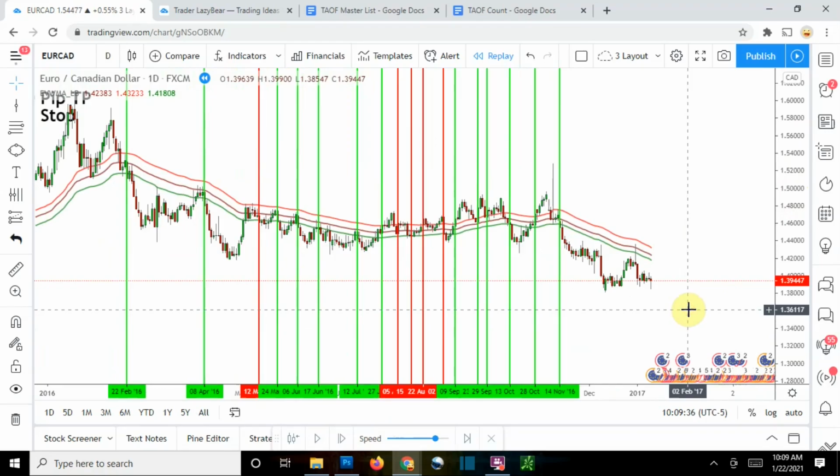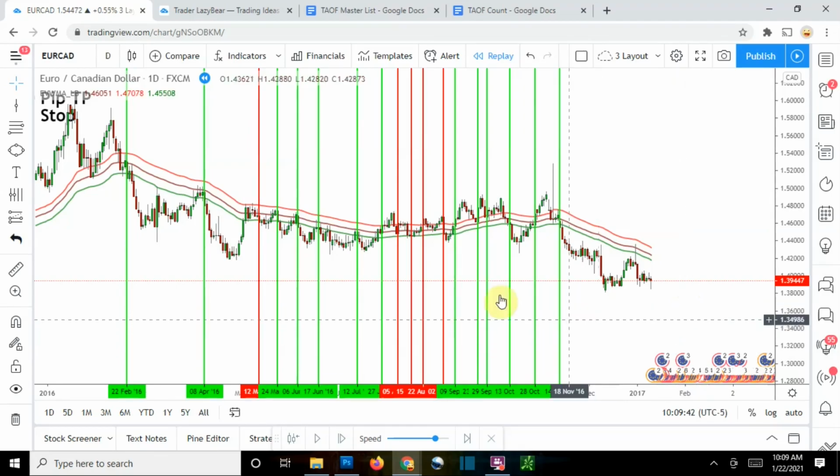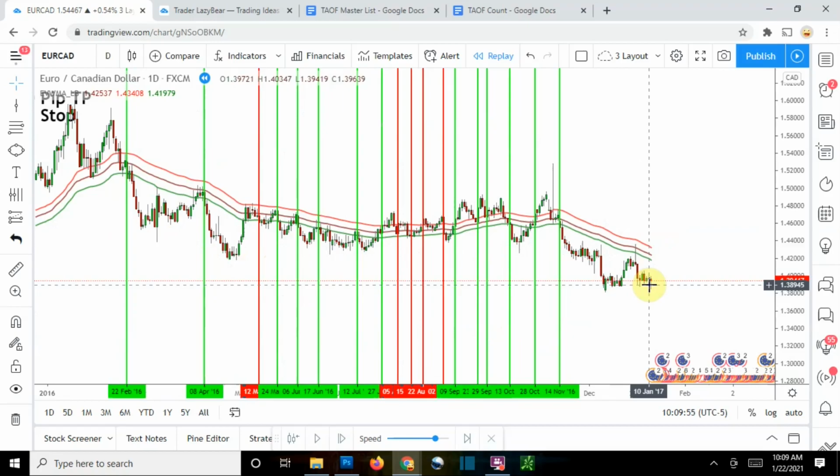So there we have it. That is the elastic volume weighted moving average. So let's add these up and see what we get out of them. So we got 1, 2, 3, 4, 5, 6, 7, 8, 9, 10, 11, 12, 13, 14, 15, 16, 17, and 18.